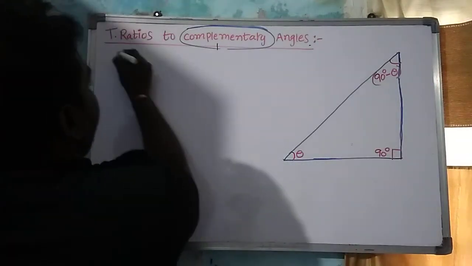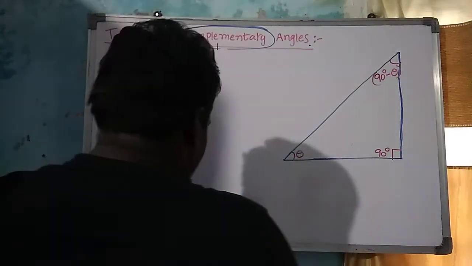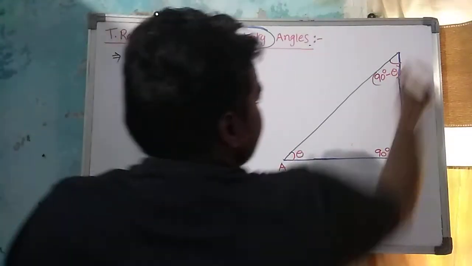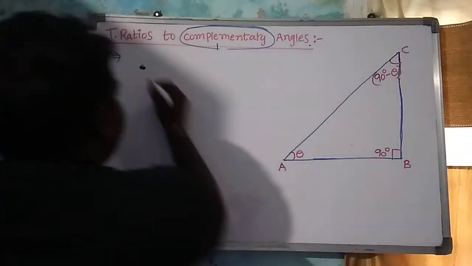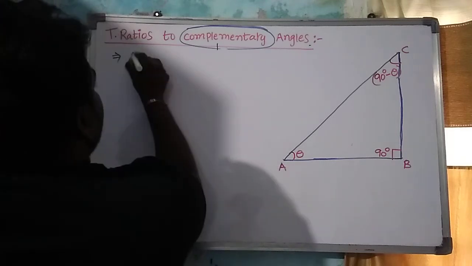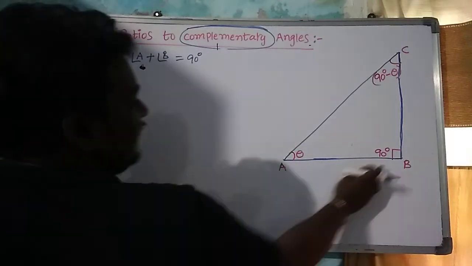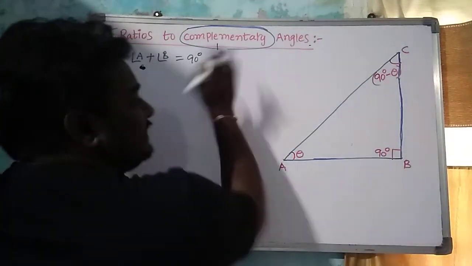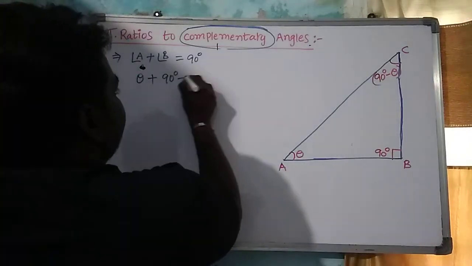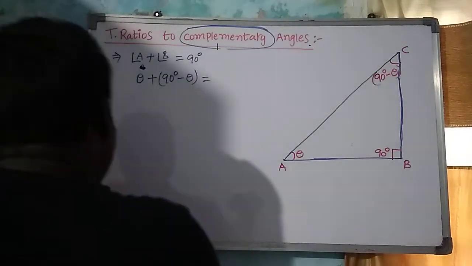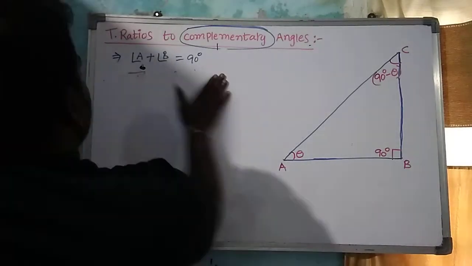Name the angles A, B and C. Angle A plus angle B equals 90.